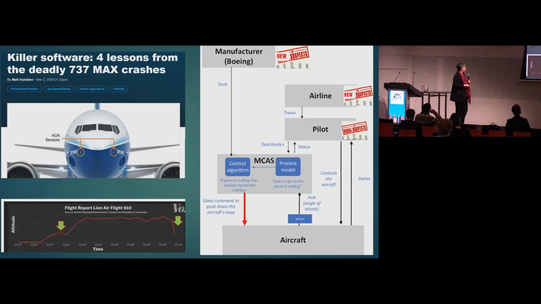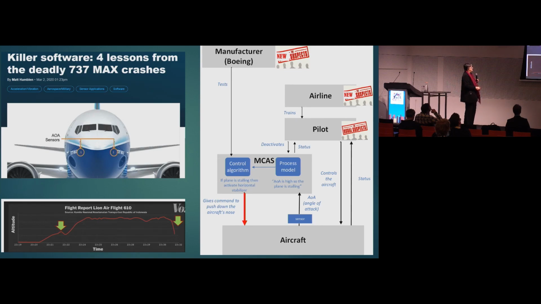If we take a small example, the recent accidents with the Boeing 737 MAX, where a software module called MCAS pushed the nose of the plane down in a moment when it shouldn't. Why?